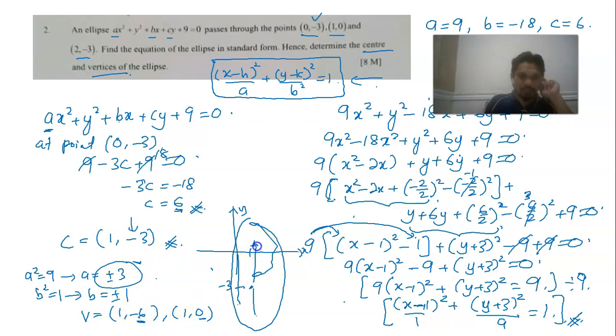So you plot the coordinates 1 and negative 6 here, and here is 1 and 0. Okay, I'm sorry if the sketch is not very clear, but I do hope that all of you understood my explanation just now. Okay, next.